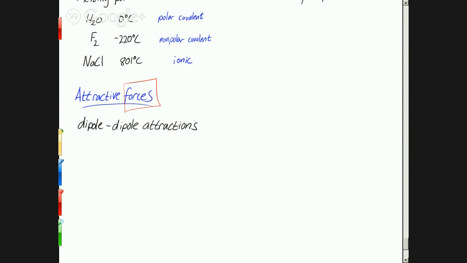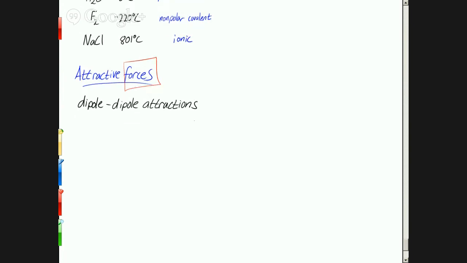In a dipole attraction, you have these polar molecules aligning with each other, minus to plus. So if we take HCl, anybody remember what's the charge separation here? Which side has the partial positive, which side has the partial negative? Yes, hydrogen's got our partial positive, chloride's got our partial negative.